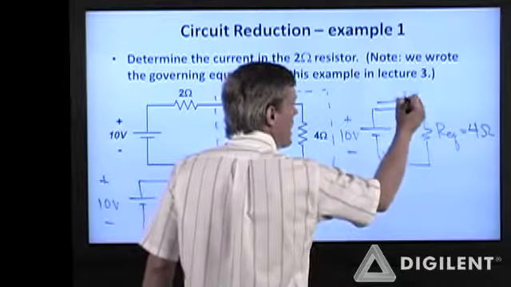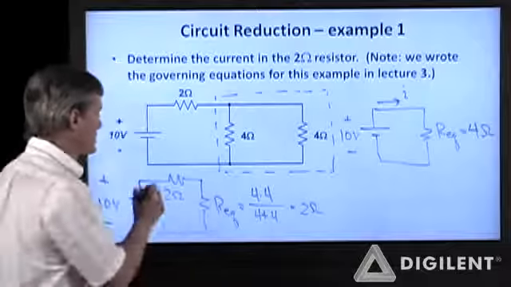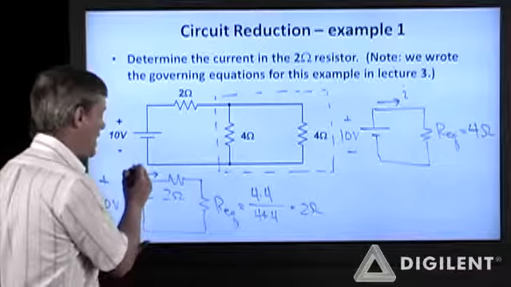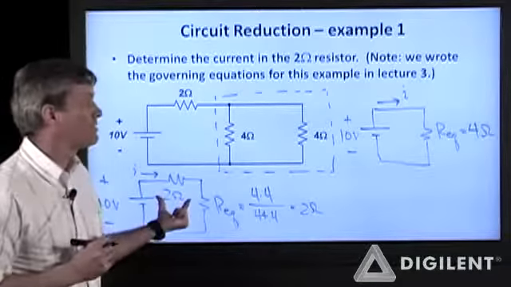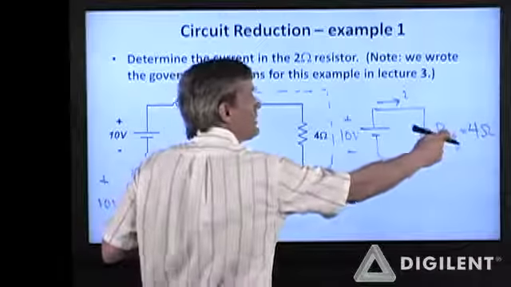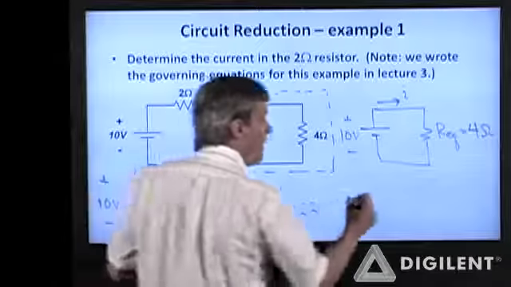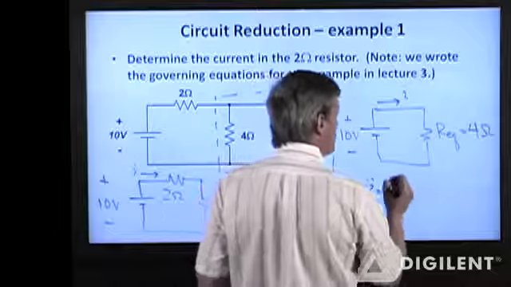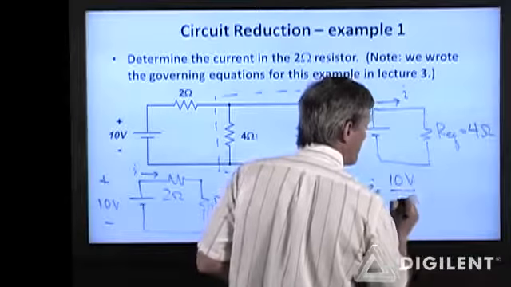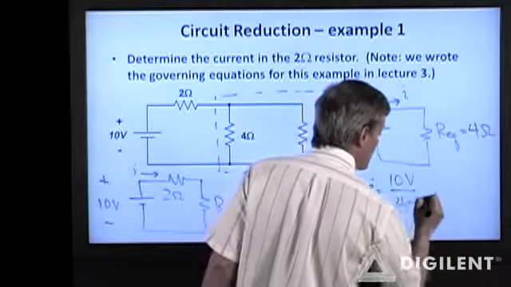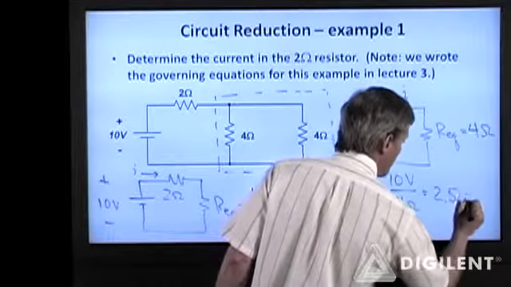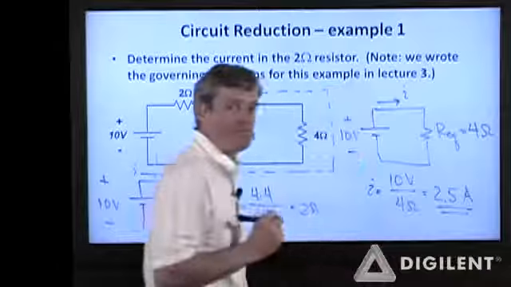The current I through this resistor is the same as the current I through the 2 ohm resistor. So the current through this Req is the same as the current that I want. I is equal to the voltage difference, 10 volts, over the resistance, 4 ohms, or 2.5 amps.